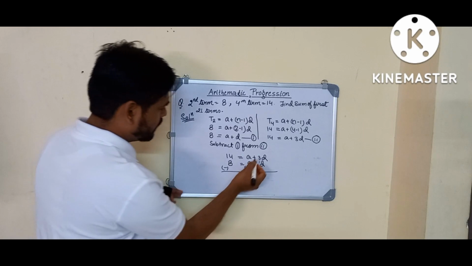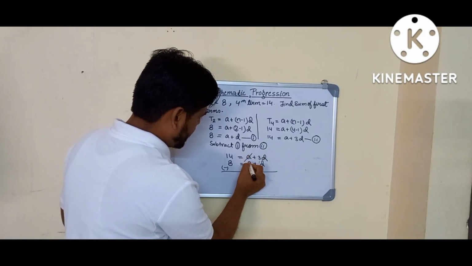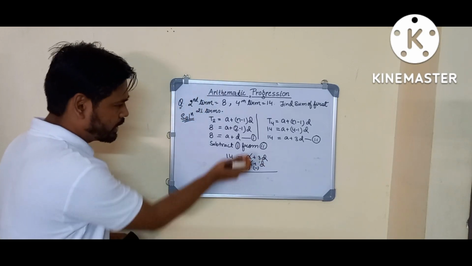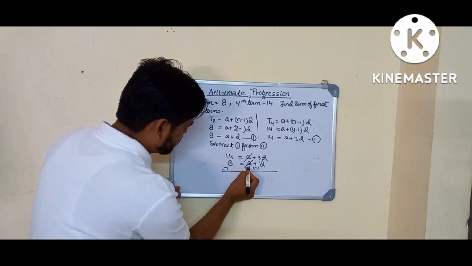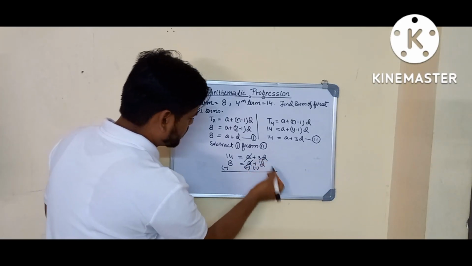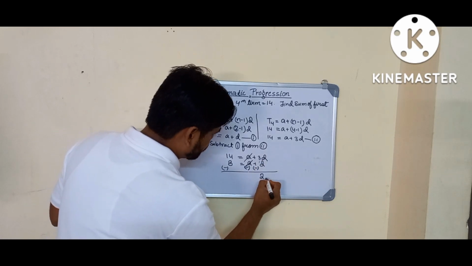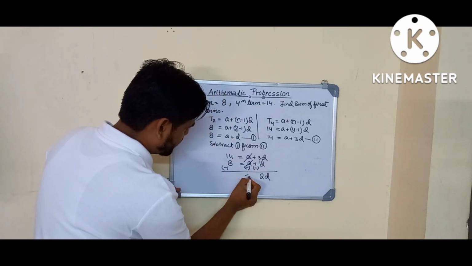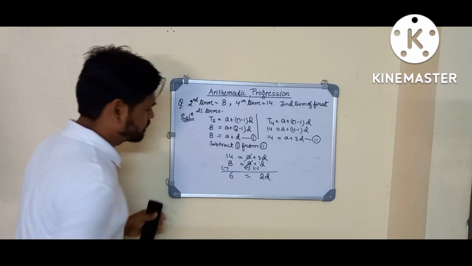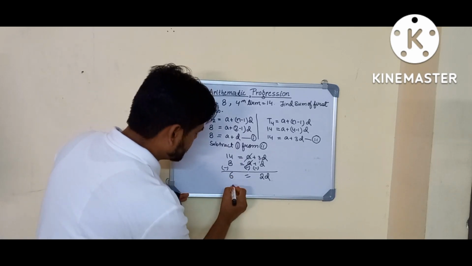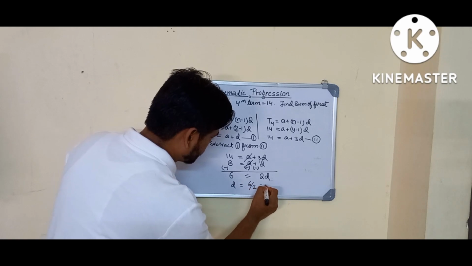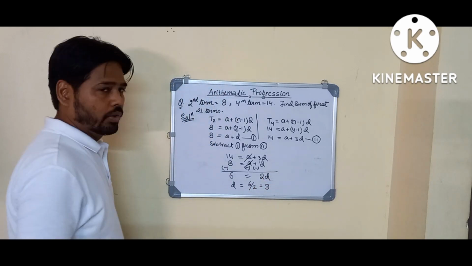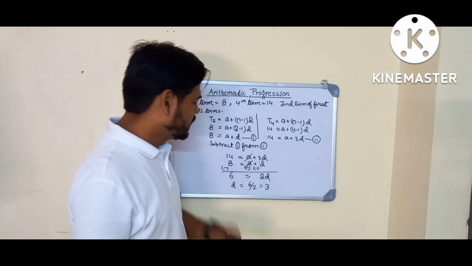Now we can see that this a and this a will get cancelled because one is positive and the other is negative. As a result, we get 2d on the left and 6 on the right. Now from here we can easily find the value of d. d is equal to 6 upon 2, that is equal to 3. So we have successfully found the value of d.